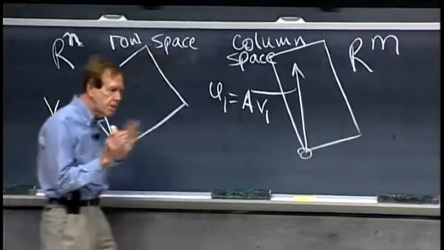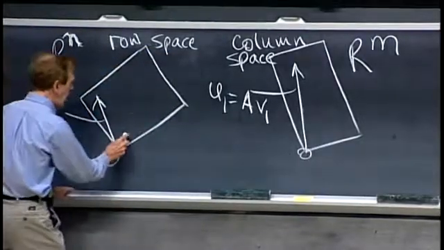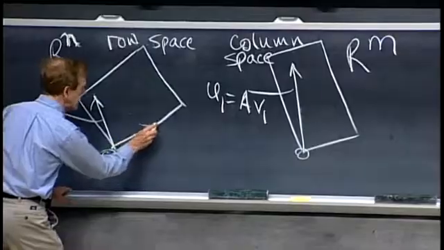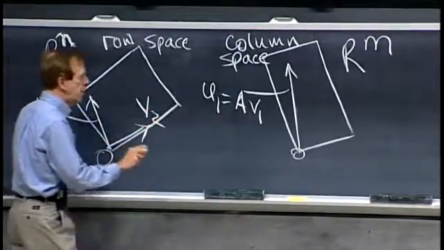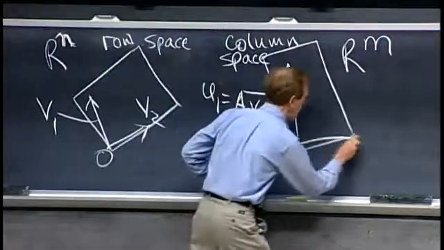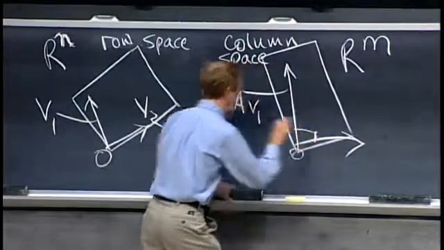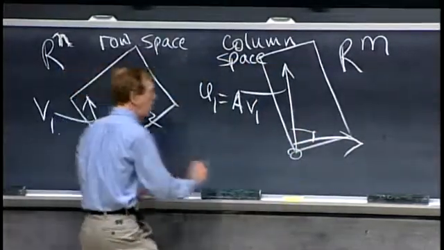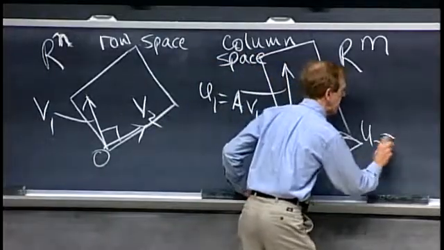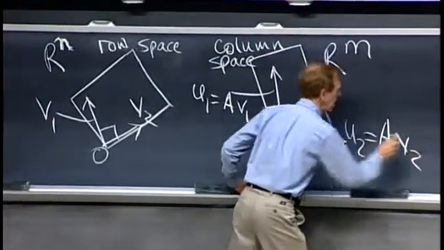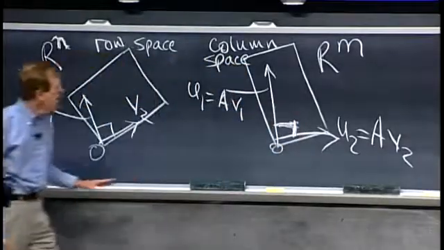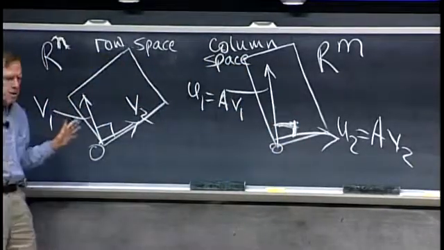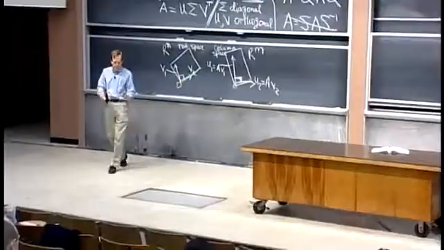See, that's pretty special, to have an orthogonal basis in the row space that goes over into an orthogonal basis. So this is like a right angle, and this is a right angle, into an orthogonal basis in the column space. So that's our goal. You see how things are coming together?